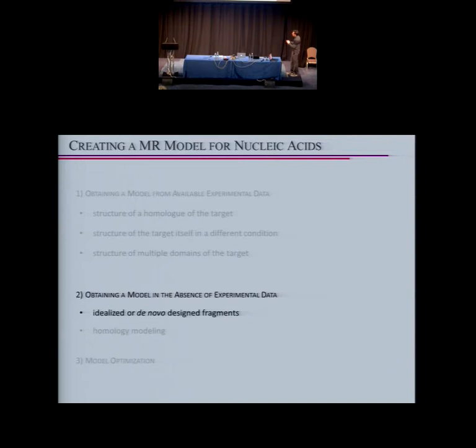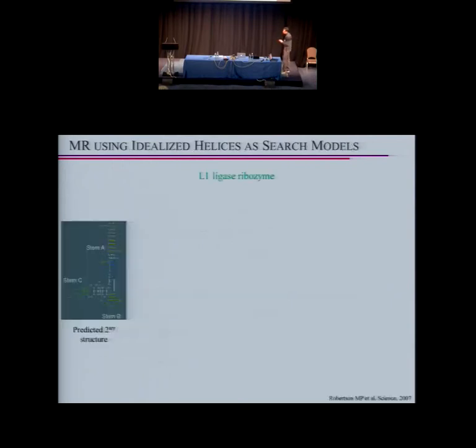Besides Elizabeth's work, I'll first describe another approach that uses idealized fragments as starting models for molecular replacement. By describing this, I refer to the work in the Scott lab that was able to solve the structure of the L1 ligase ribozyme with the following method.